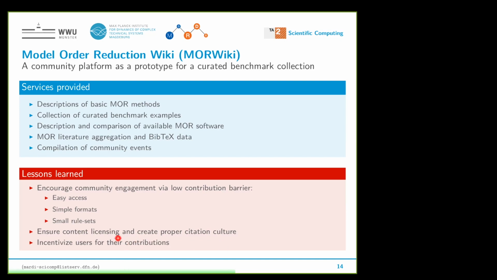And so changing the citation culture there, and that's not only true for data sets, but just the same for software. We need to get away from software ending up in some sort of footnote, but being a proper reference in the reference list. And that's true for both. But coming up with incentives for the contributors in that case is a difficult task, and we still don't have the perfect solution for these kinds of things, but we're working.